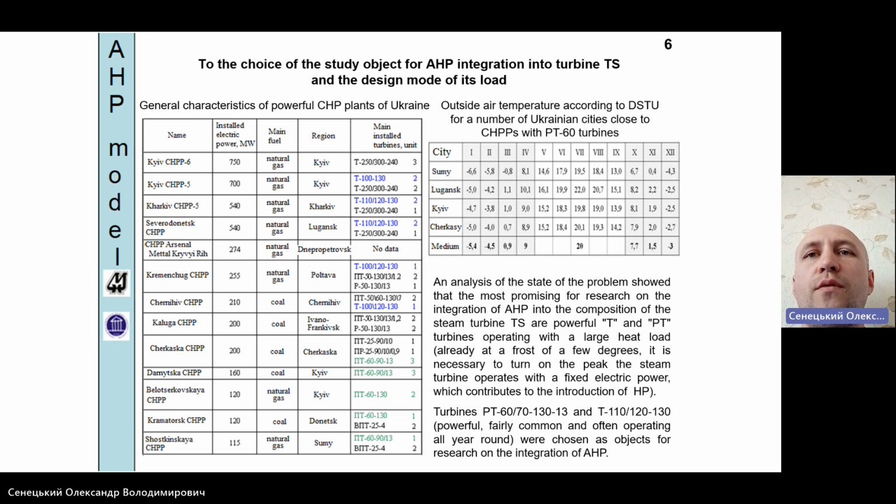Also, for comparison and further computational studies, the outdoor temperatures are given according to this source for the region where PT60 turbine plants are located.